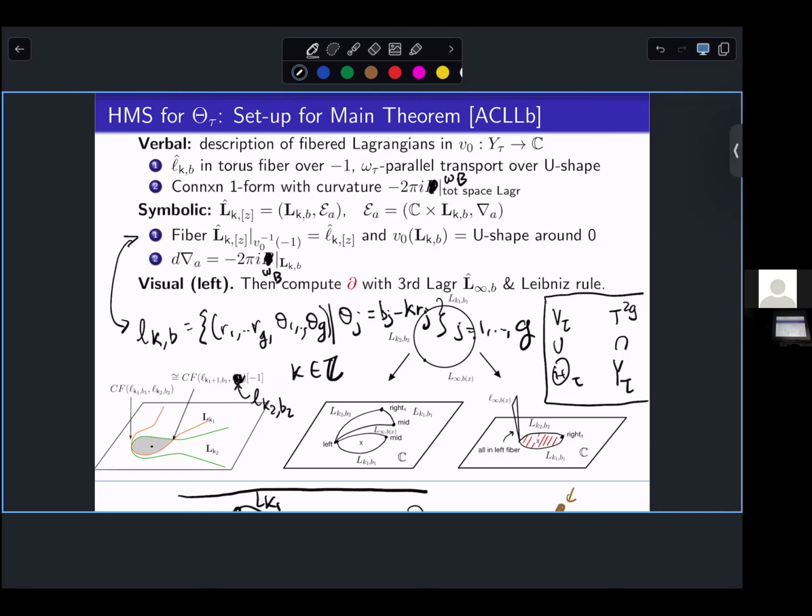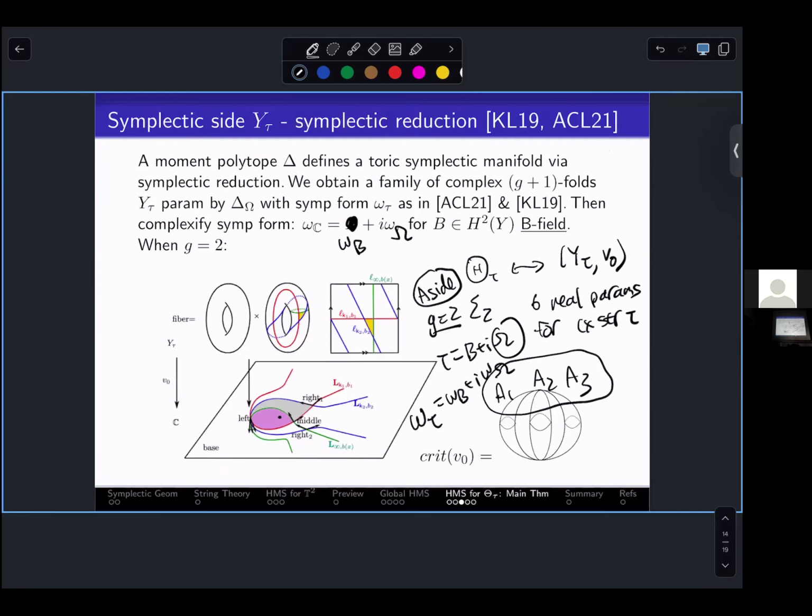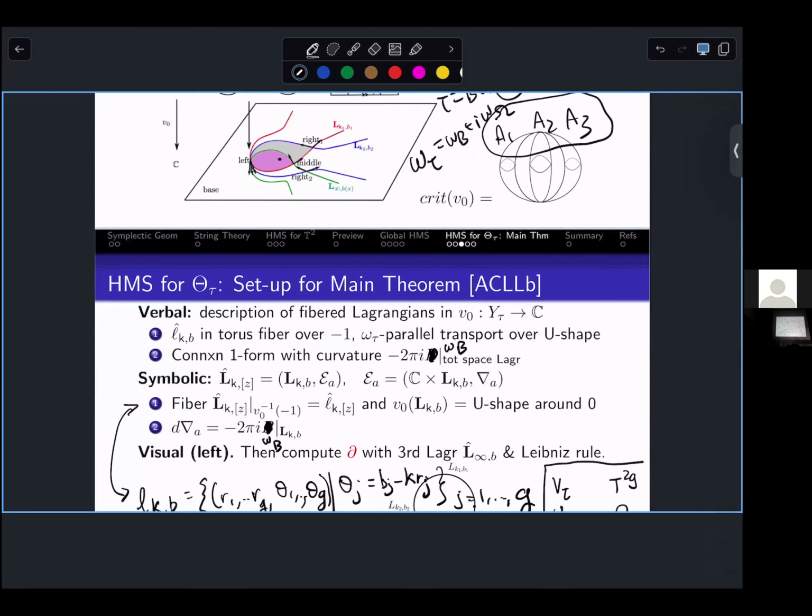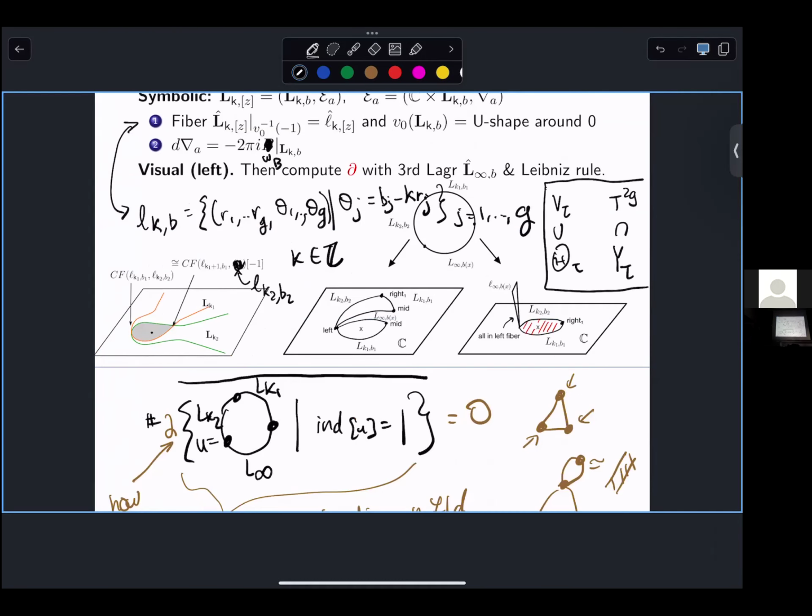Like here, you'd have a T2 and it would collapse to a point here. Which T? This one, when G is equal to 2.